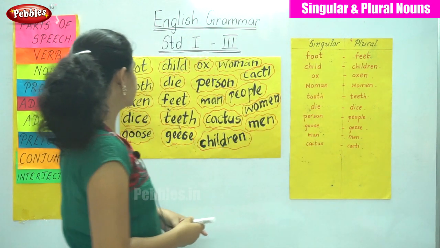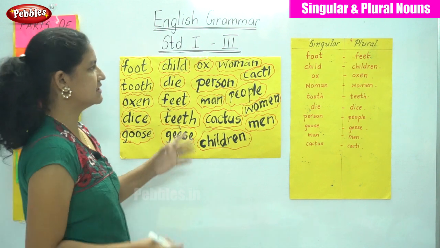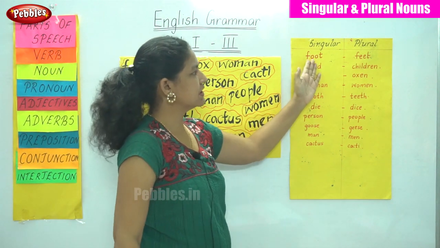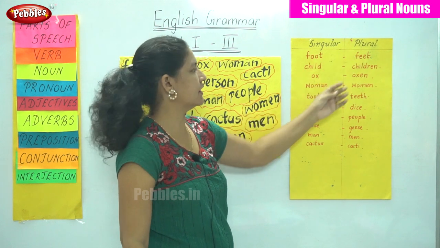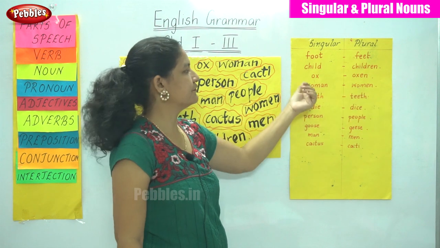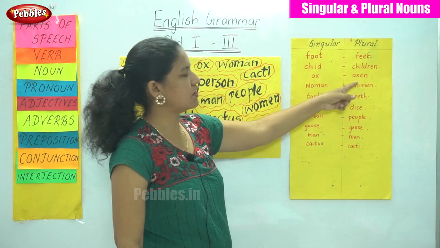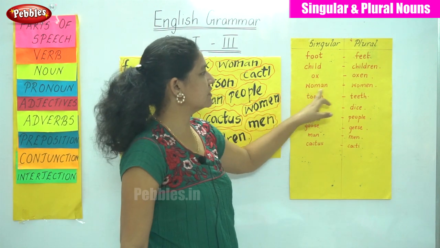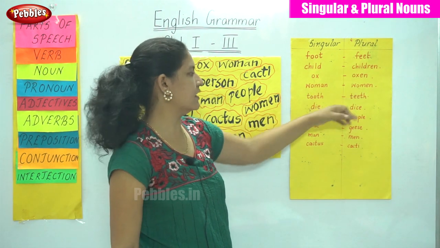So these words we have segregated into singular and plural. So foot singular, feet plural. Child singular, children plural. Ox singular, oxen plural. Woman singular, women plural.